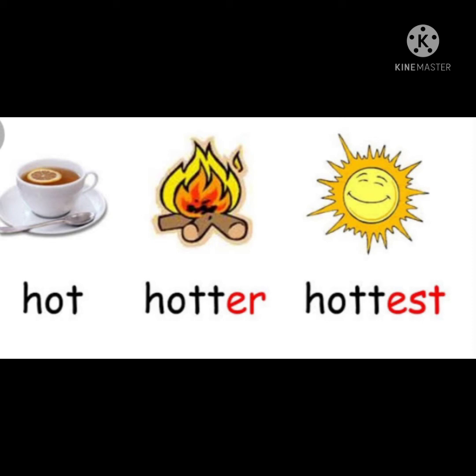So hot ends in a consonant, so you write the same consonant again and add ER. Then look at the superlative degree, hottest. Same, you add the same consonant at last, and you add EST. So this is hot, hotter, hottest.